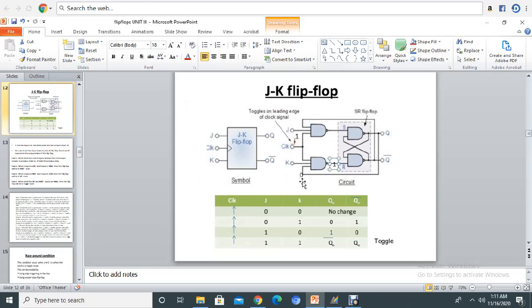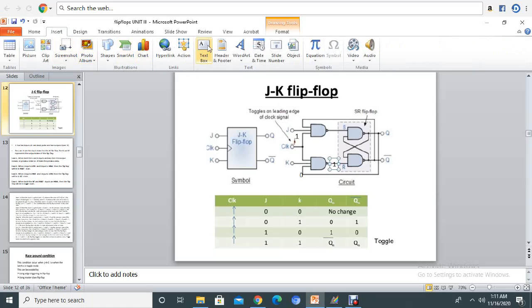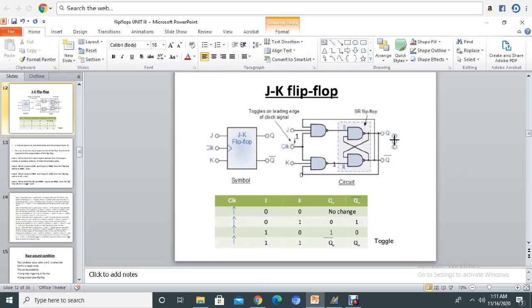Okay. Now I am assuming that Q is equal to 0. Q can be either 0 or 1. First I am assuming that Q is equal to 0. Okay. Now I am taking Q is equal to 0.